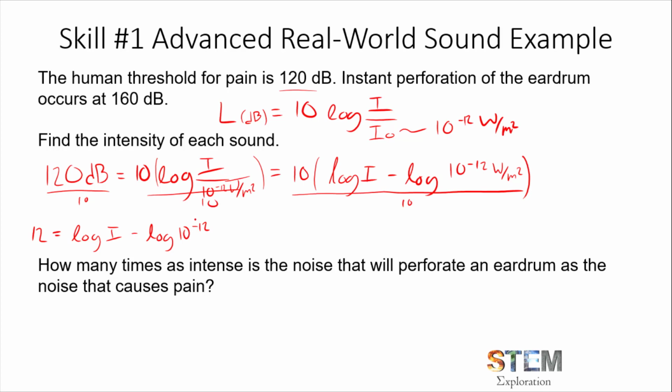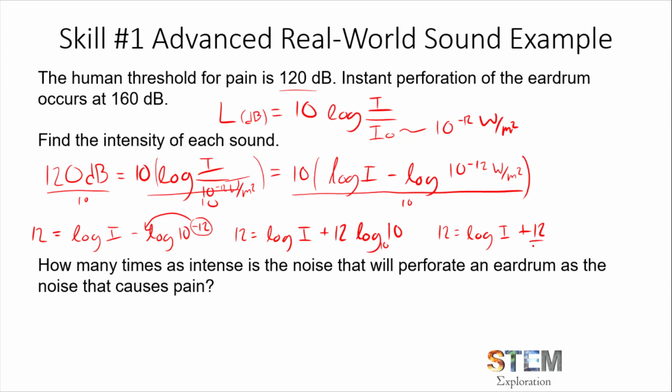I can use the power property and pull the exponent out, so 12 is equal to log of I plus 12 times log base 10 of 10. We know that this is equal to 1 because 10 goes into 10 one time. So 12 is equal to the log of I plus 12.